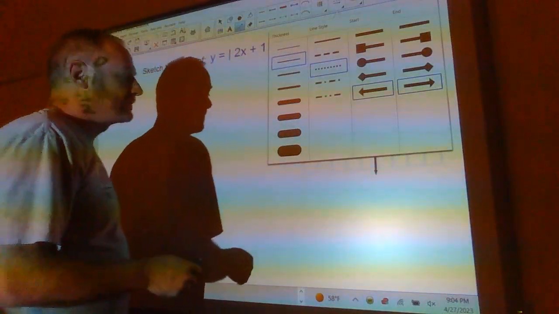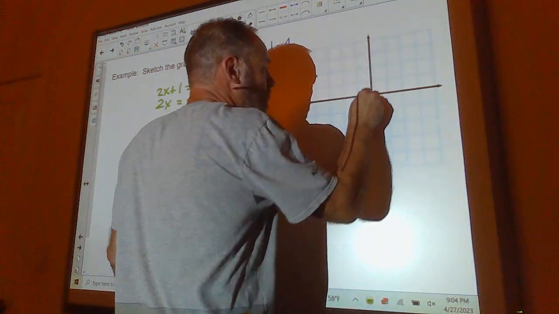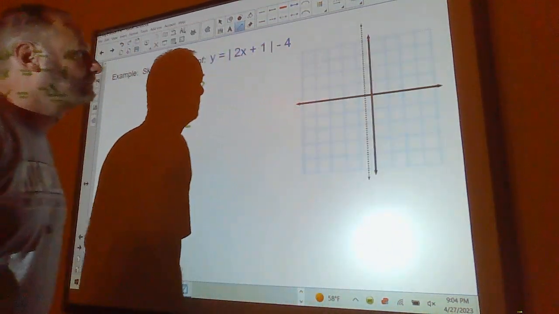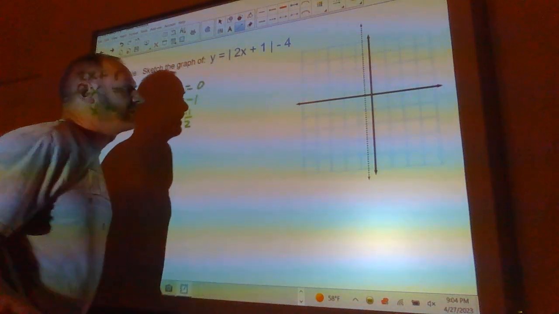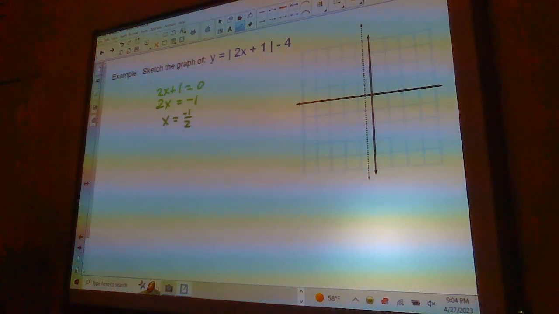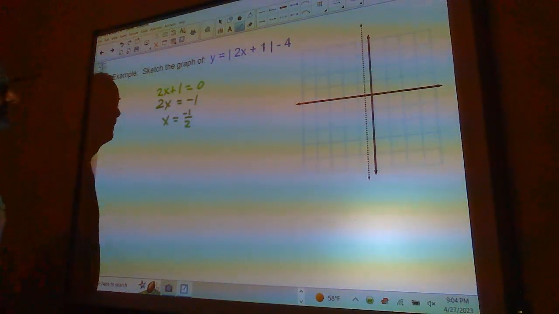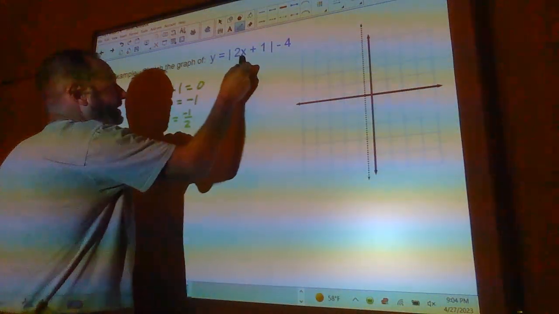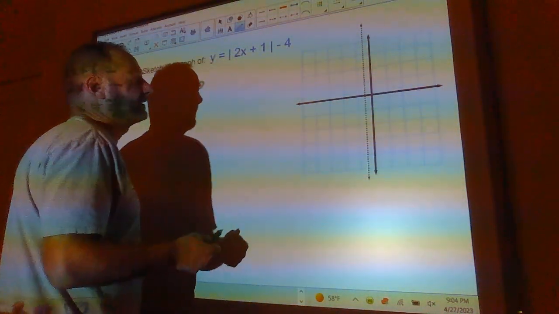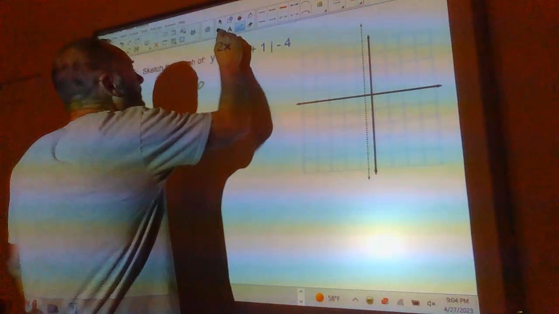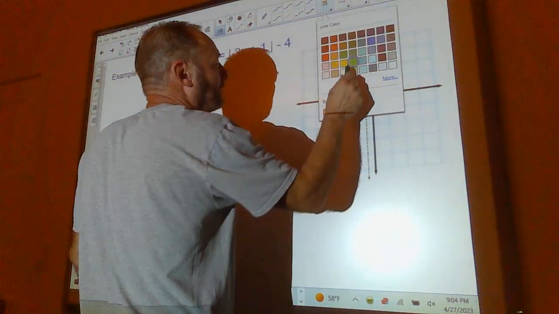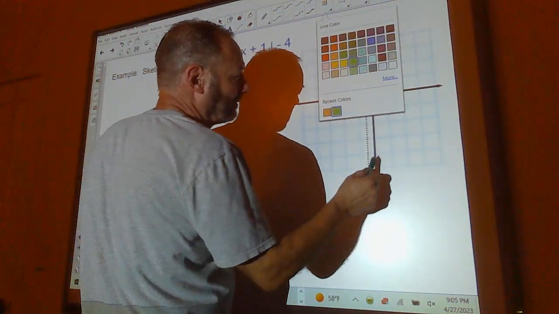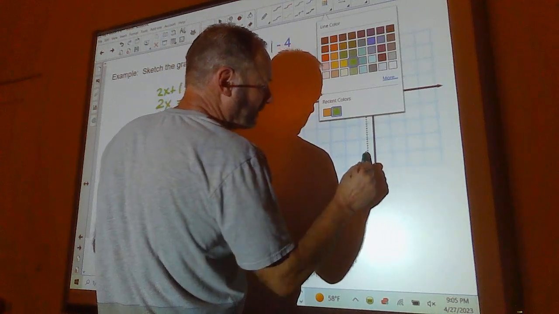Okay, and that axis of symmetry is at negative 1/2. It's right there. Okay, that's fine. It's black. Now, if I plug this in here, I'm going to get 0 here. So minus 4, that's going to tell me that my vertex is at negative 4. 1, 2, 3, 4. It's going to be right there.